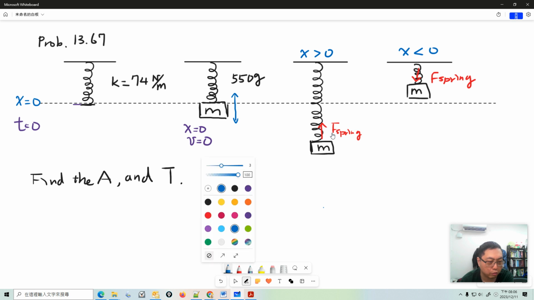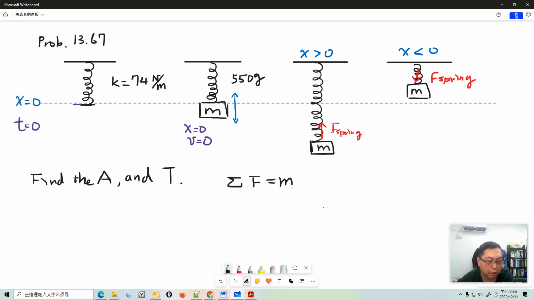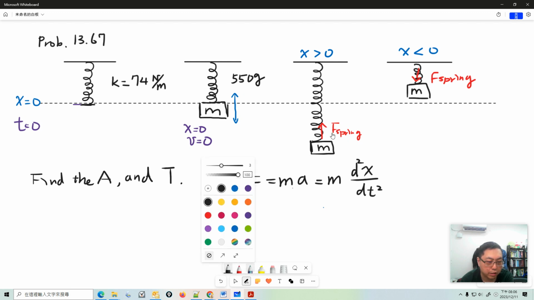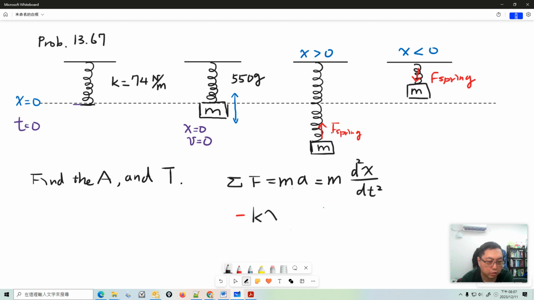So sigma F equals ma, and the spring force is always opposite to the moving direction, so it has a minus sign: minus kx equals m d squared x over dt squared.